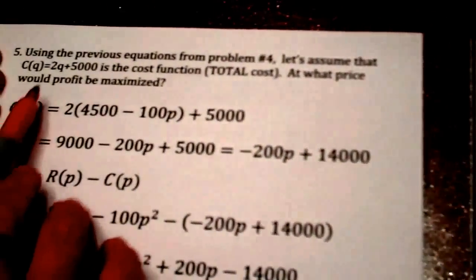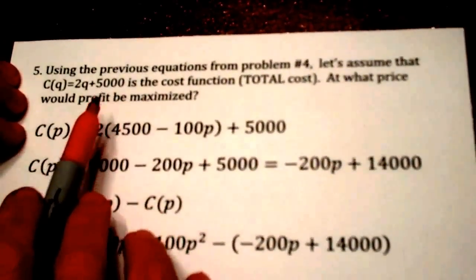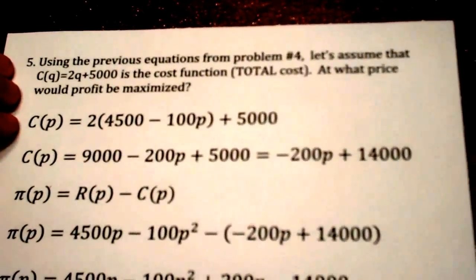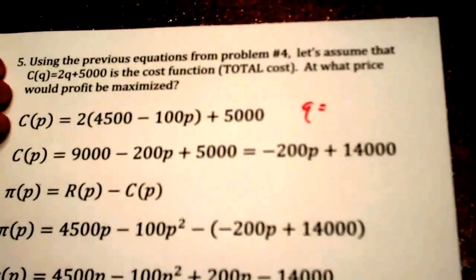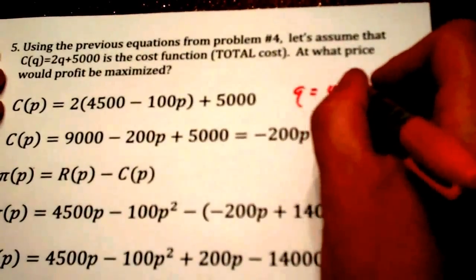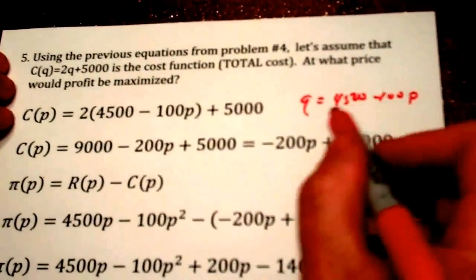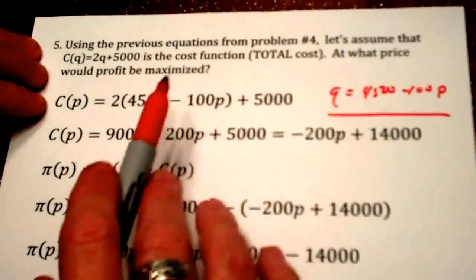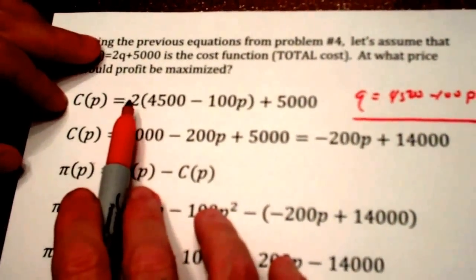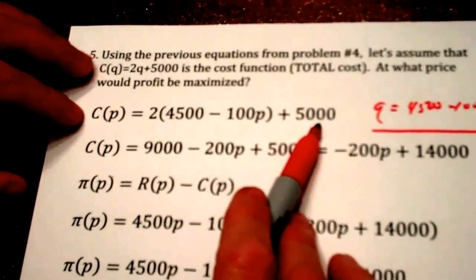Now, coming back to my original equation, remember it was 2 times Q plus 5,000. By substituting this equation where I knew Q equaled 4,500 minus 100p, and remember we determined this from problem 4, I have 2 times (4,500 minus 100p) plus 5,000.